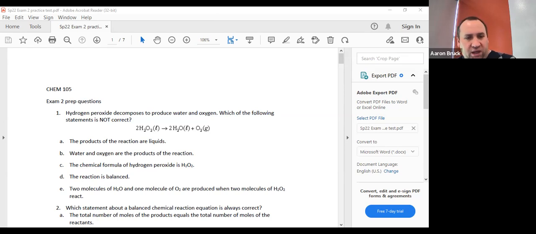There will be some nomenclature questions on there. Just like what you saw in the proficiency, you need to be able to name from formula or derive formula from name for a number of compounds. They could be acids, covalent compounds, or ionic compounds.